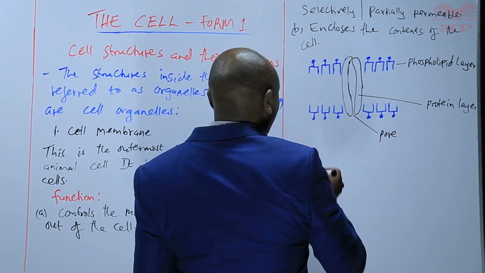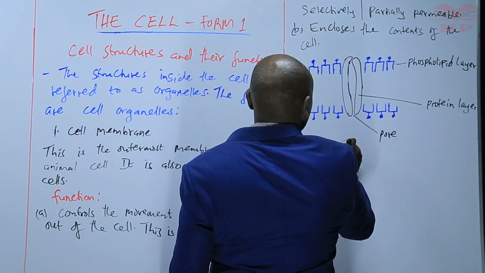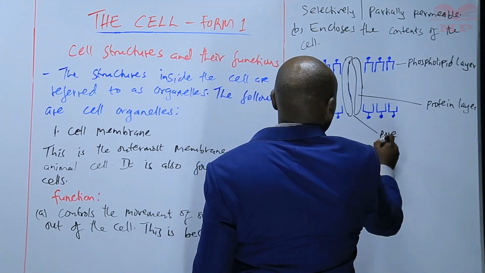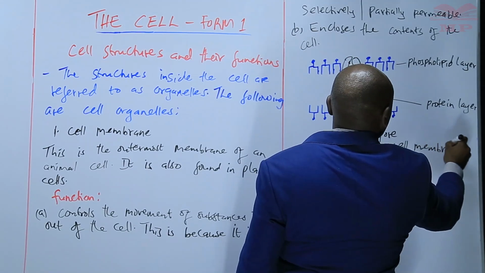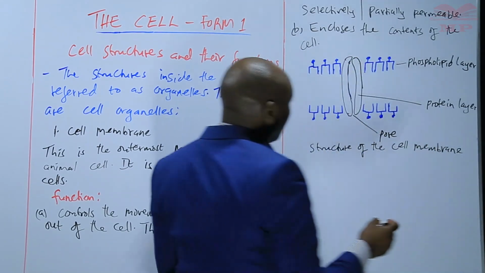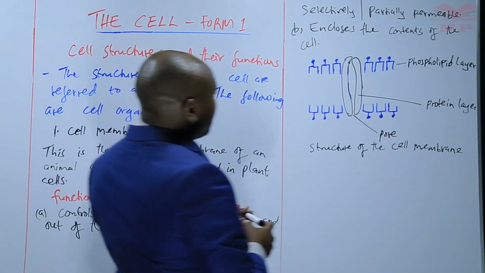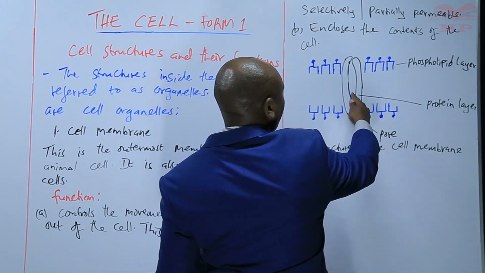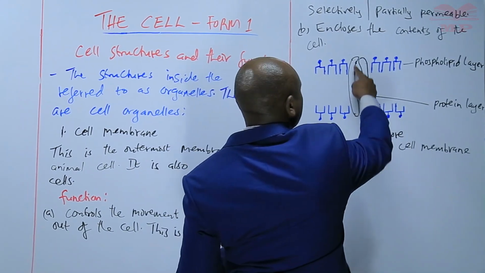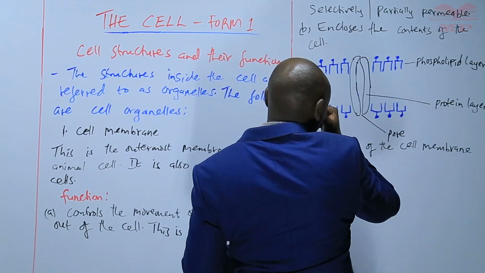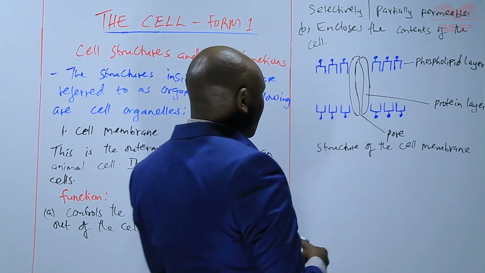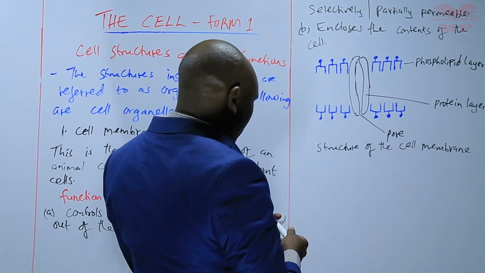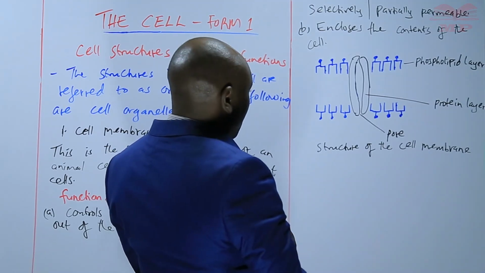So this is the structure of the cell membrane. So it's a double layer. That is a phospholipid layer and a protein layer. And the protein layer leaves an opening that we call the pore that allows the movement of substances in and out of the membrane.